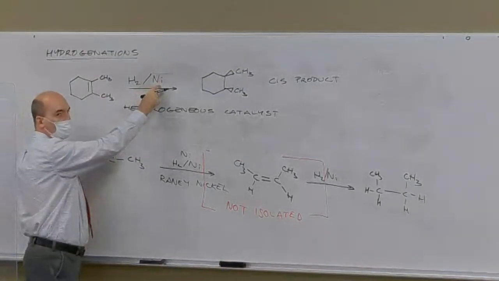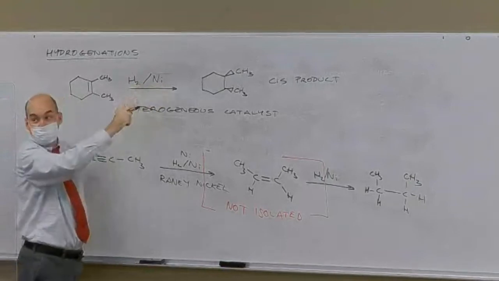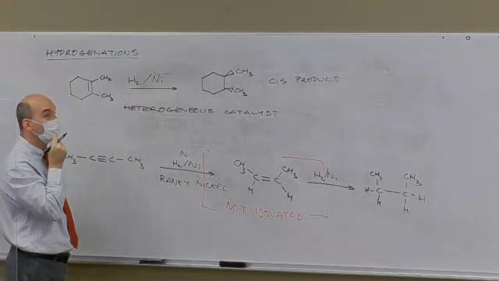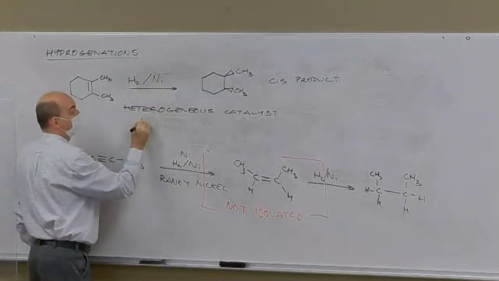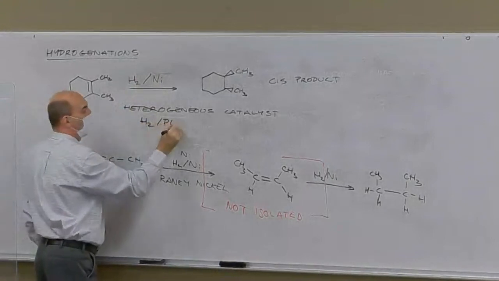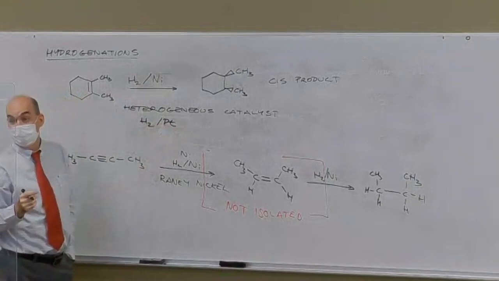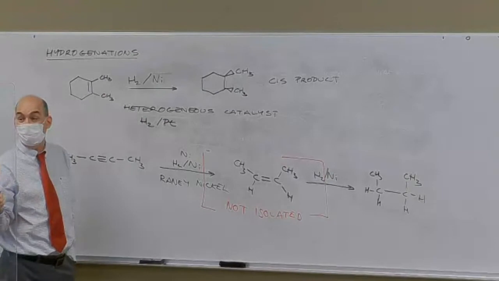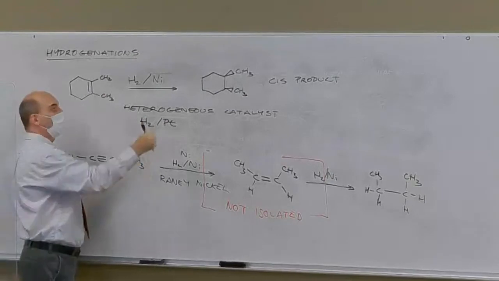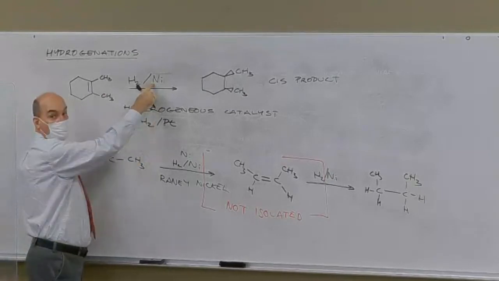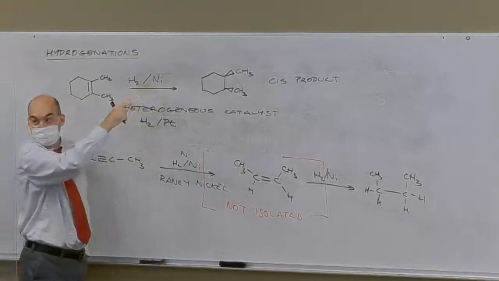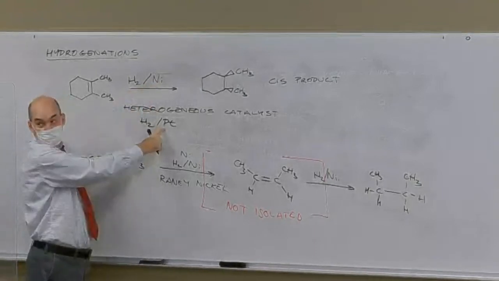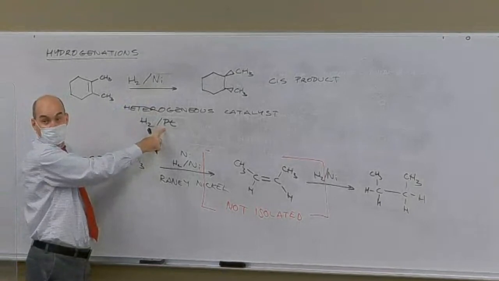Nickel is cheaper than the other metals that do this well. Nickel's not particularly cheap, but other metals that do this really well, platinum. Platinum does this really well. Platinum is expensive. So if your reaction required a gram of this, fortunately, you're going to be using milligrams of that.